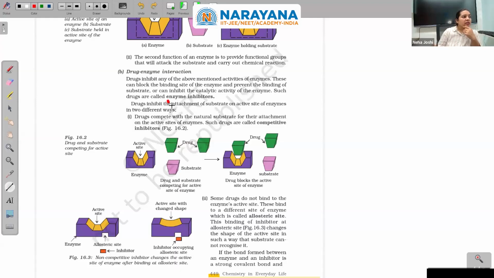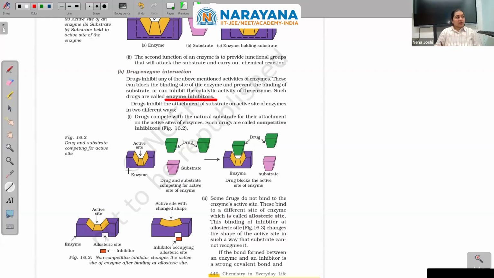So how are they inhibiting? They are inhibiting by blocking the active site of the enzyme, because they come and bind and prevent the binding of the substrate, or can inhibit the catalytic activity of the enzyme. Drugs inhibit the attachment of the substrate on the active site of the enzyme in two different ways.